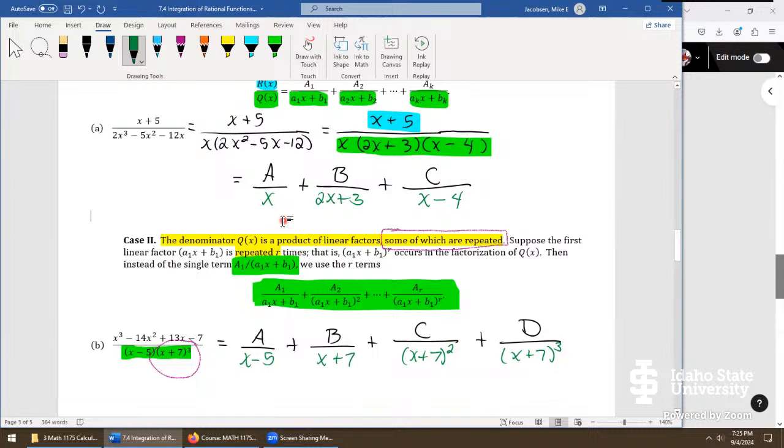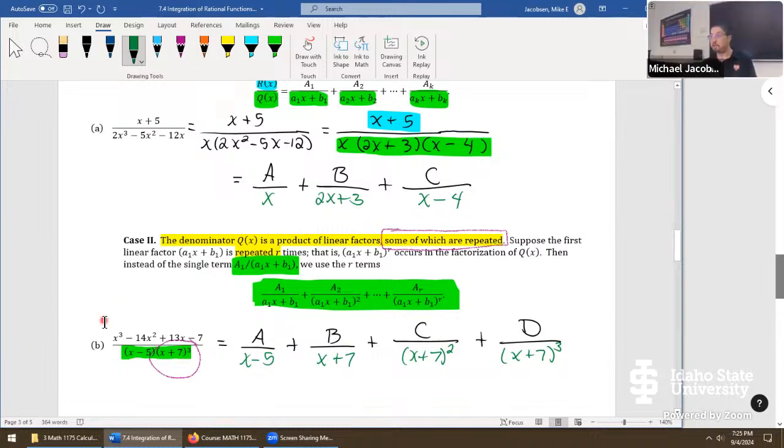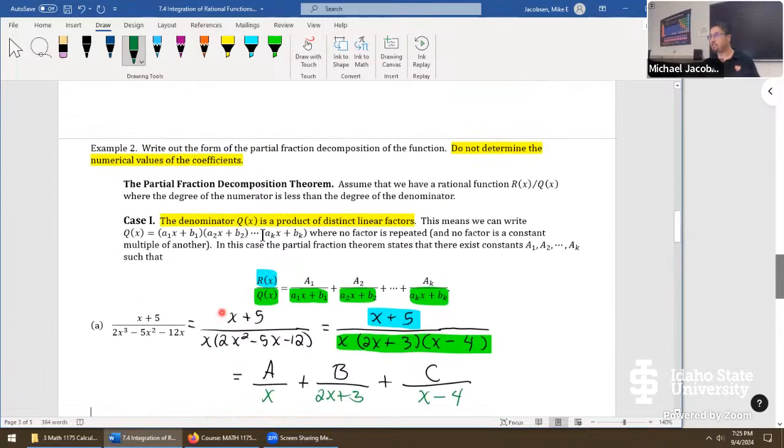Okay. Is a good rule of thumb on these, like if your numerator is bigger than the denominator, you just divide, and then it's partial fractions if your denominator is bigger? Absolutely. Yeah, that's the best rule of thumb. So only use partial fractions if essentially the denominator wins. How did they say it? Assume we have a rational function, r of x over q of x, where the degree of the numerator is less than the degree of the denominator.